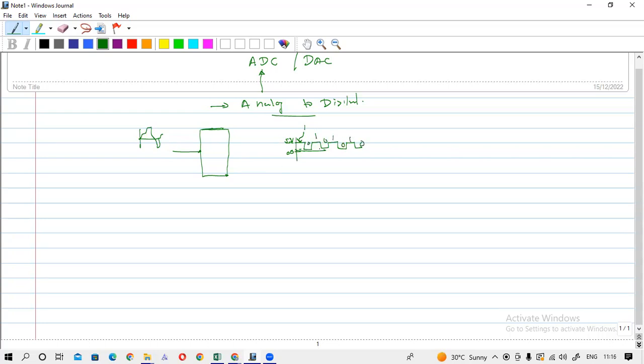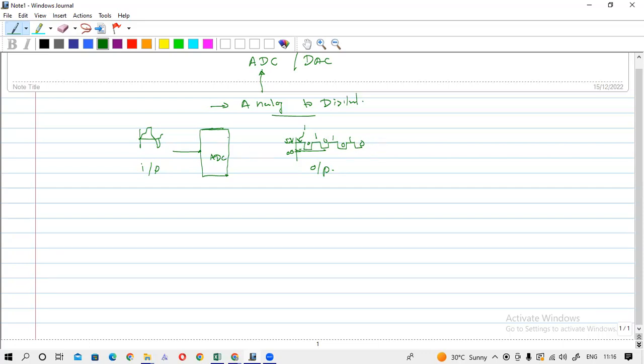If we give an analog signal to the ADC, we will get a digital signal. This is the input and this is the output of the ADC. The digital signal can be represented using a bit.